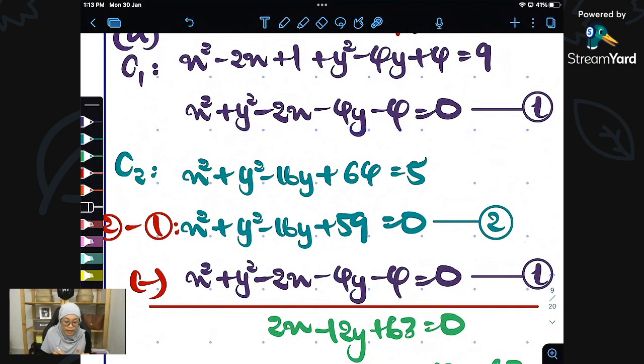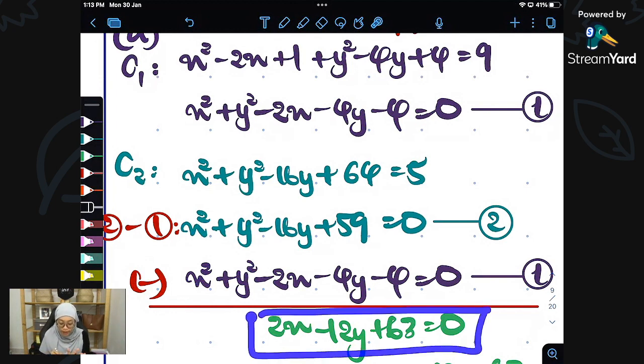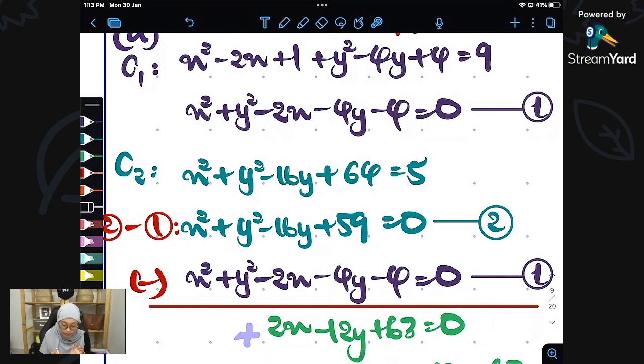Alright, and then I put equation number 2 minus equation number 1 so that I eliminate the x squared and the y squared. So it has disappeared because it has been minused. All right, that is our goal, you know. Okay, our goal is to get 0 there so that we will be left with 2x. Okay, this is positive 2x ya. Sebab apa? Sebab atas ni tak ada x. Jadi kosong x tolak jadi tambah 2x.